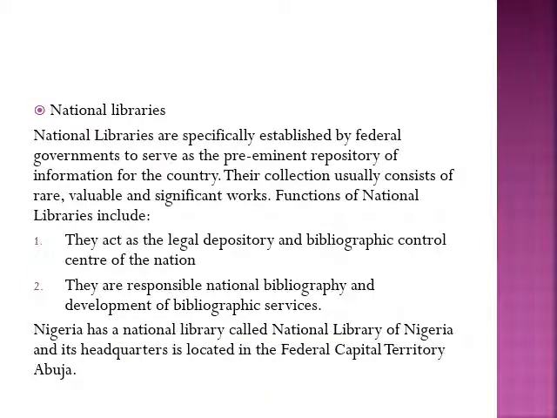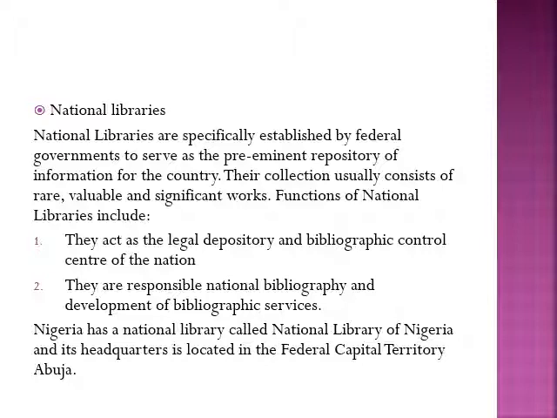Now, finally, national libraries. National libraries are usually established, funded, and owned by federal governments, and they serve as a preeminent repository of information for a particular country. Their collections, that is, the type of information resources they house, consist of rare and valuable works.